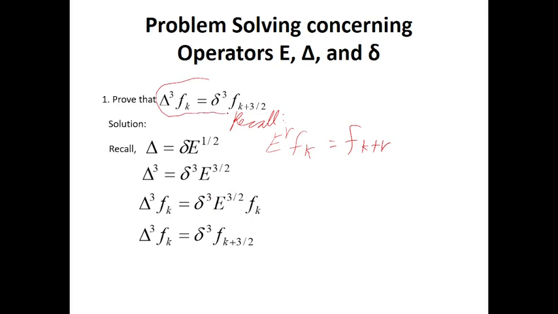Delta cube f sub k, nakita natin, na-prove natin that delta cube f sub k equals delta cube f sub k plus 3 halves. So, QED. Sabihin niyan, QED, Quod erat demonstrandum.